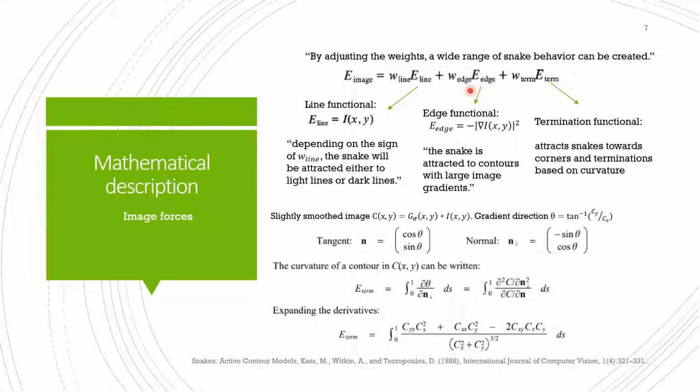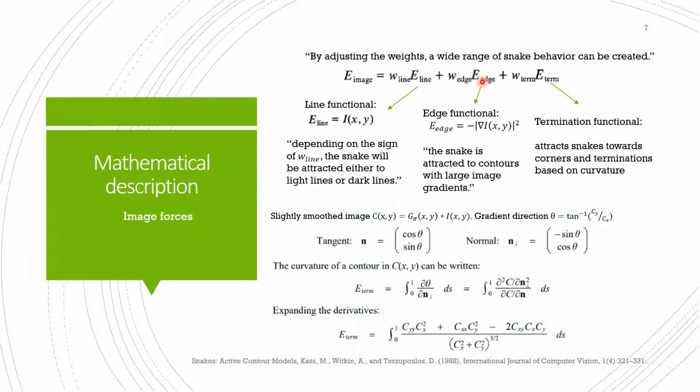The gradient can be positive or negative, but in both cases, because it is squaring, the gradient amount will be very high, and because it is negated, the energy will be very low. So when the snake minimizes its energy, it will be able to find that strong edge.